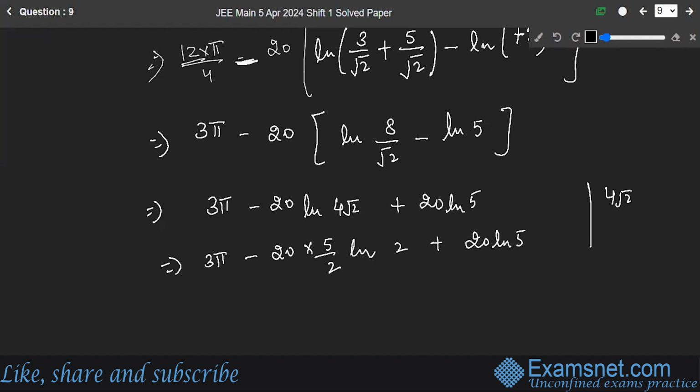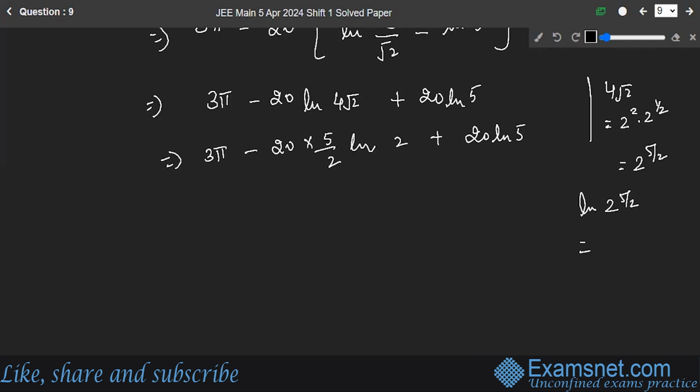Because 4 root 2 is equal to 2 power 2 into 2 power 1 by 2, which is 2 power 5 by 2. So log of 2 power 5 by 2 can be written as 5 by 2 log of 2. This gives me 3 pi minus 50 log 2 plus 20 log 5.